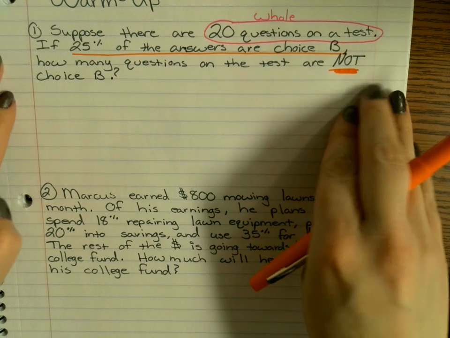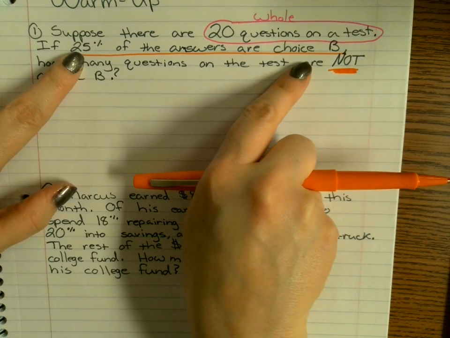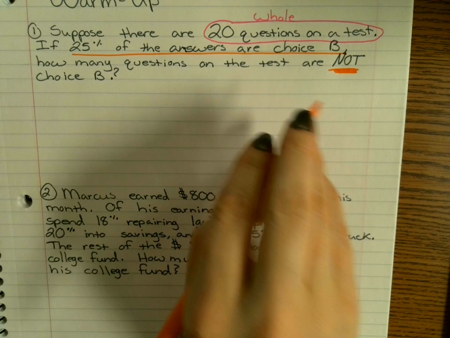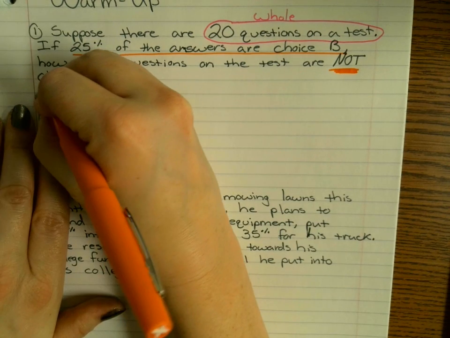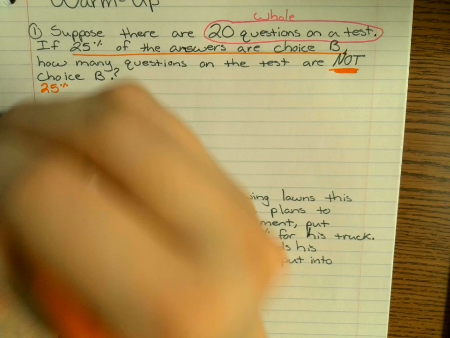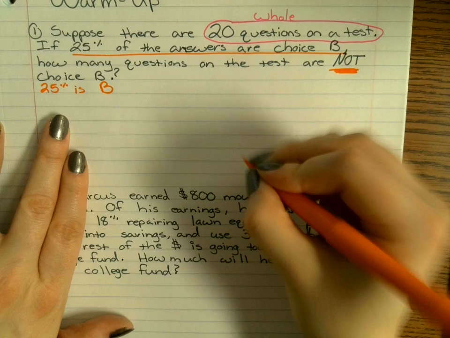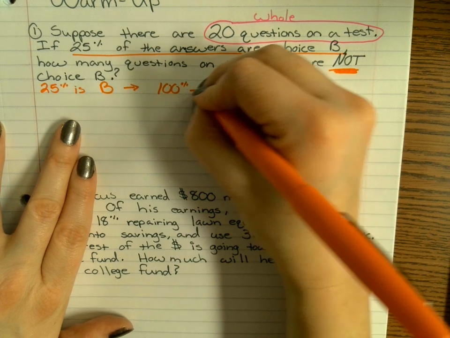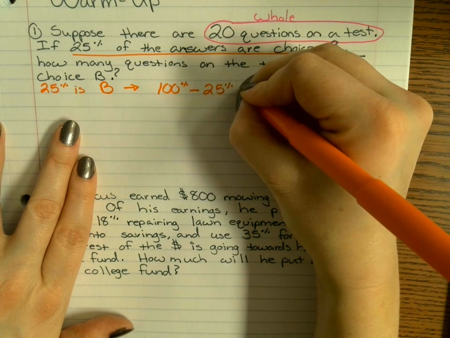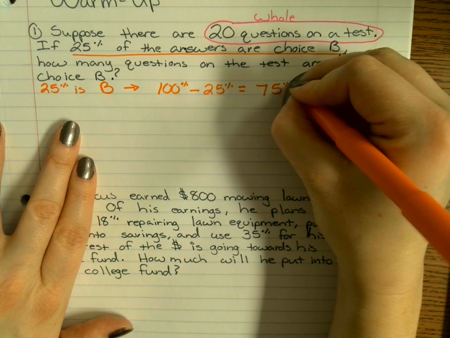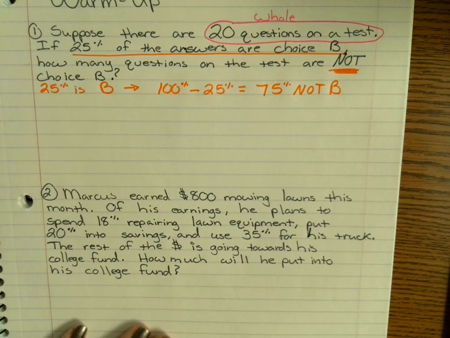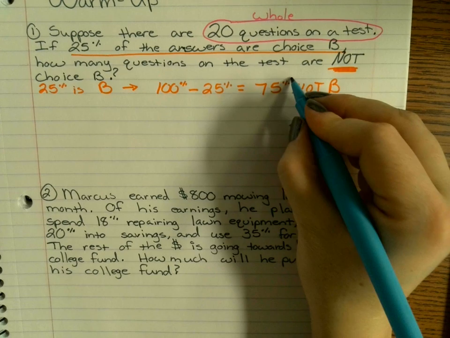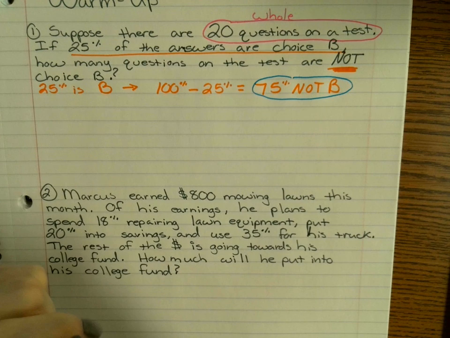If 25% are going to be choice B, we're going to subtract that from 100, and that means that 75% are not choice B. So the first thing you need to figure out is the percentage that's not choice B. 25% is B. So what I need to do is take 100% and subtract that 25%, and that's going to give me 75% that's not B. 75% is not B, and that's the percentage that we want to use. That's the percentage that we're going to want to use.